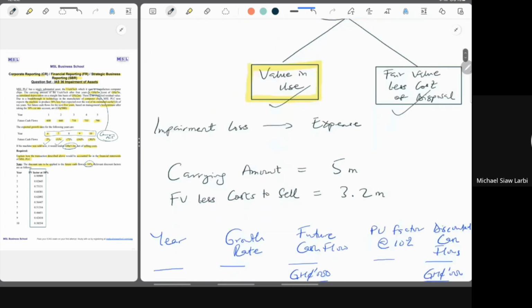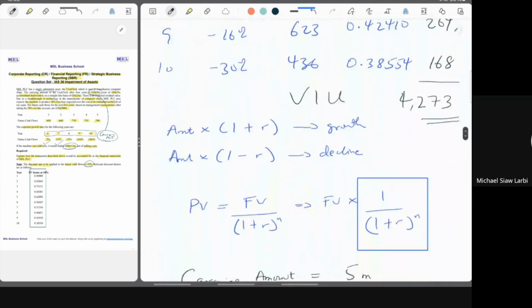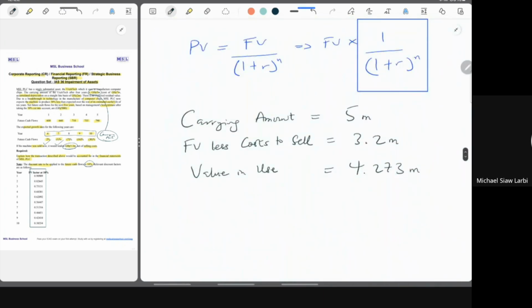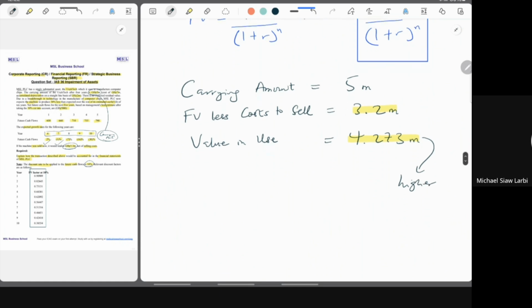What is the higher of the two? Our value in use is 4.273 million. Fair value less cost to sell is 3.2 million. Clearly, this is the higher. So we can conclude that our recoverable amount equals our value in use, which is the higher, which equals 4.273 million.